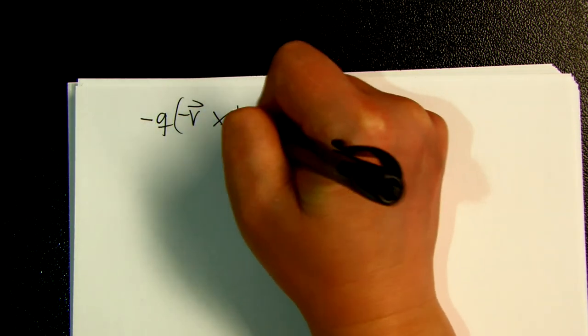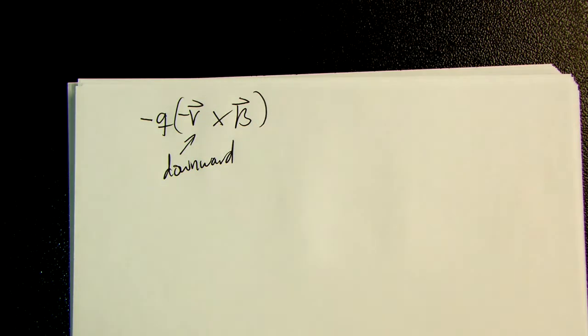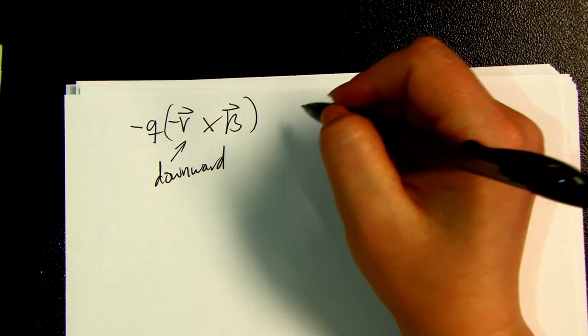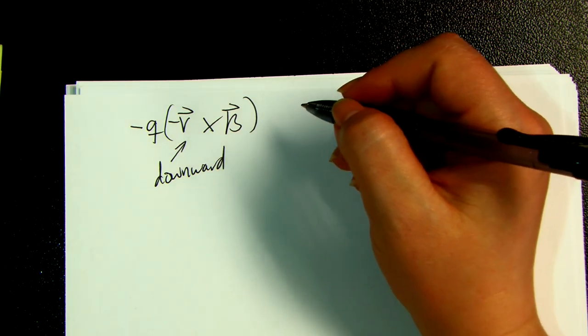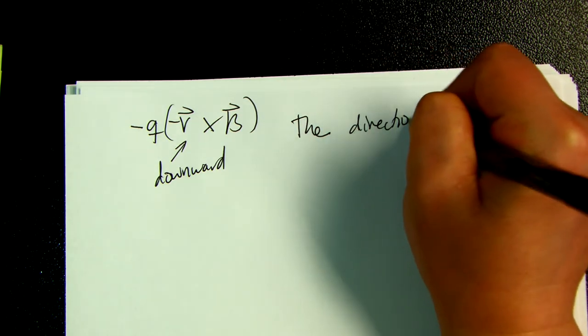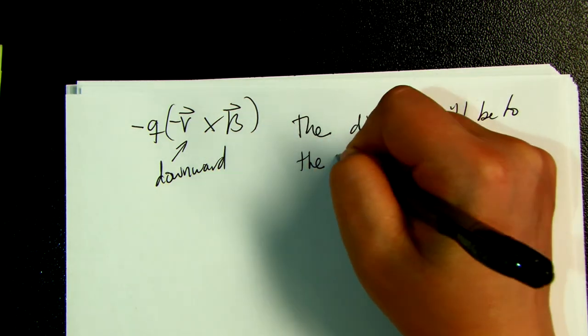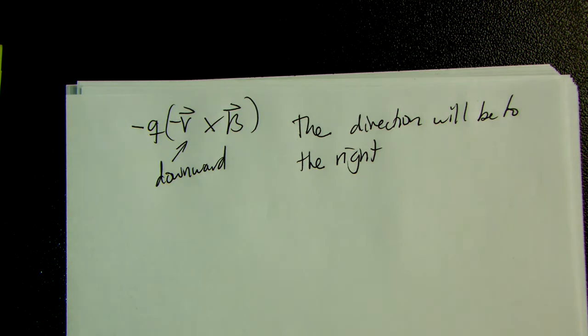So we know that we have minus Q times minus V cross B, as this is going downward. And so, looking at this, we see that the direction will be to the right. And you can either verify that with the right-hand rule, or by looking at the cross product setup.